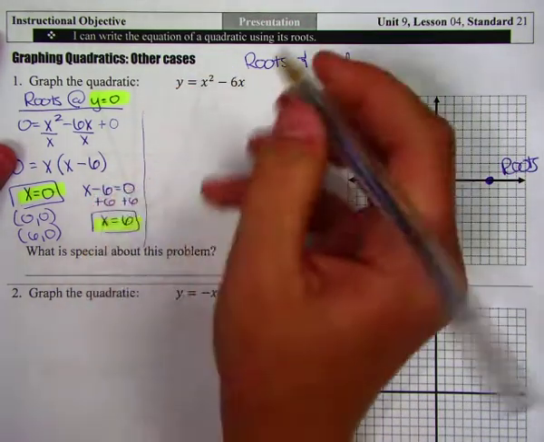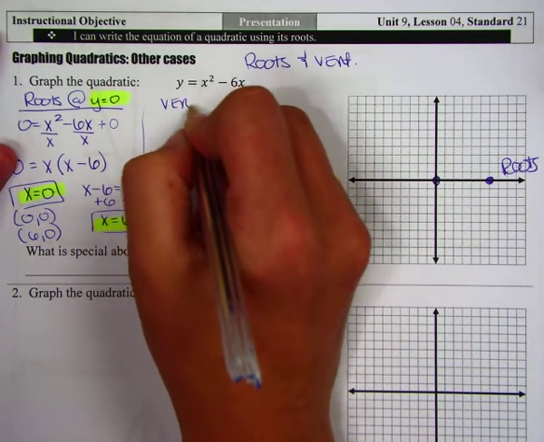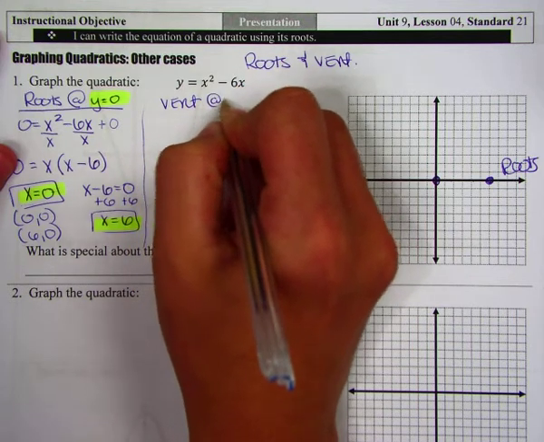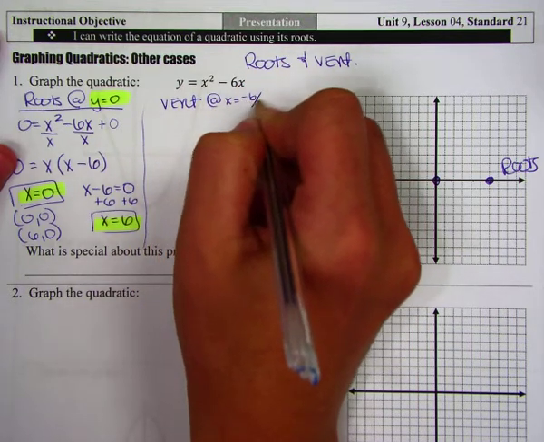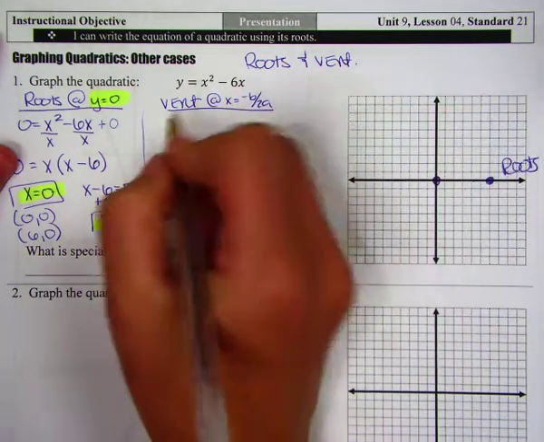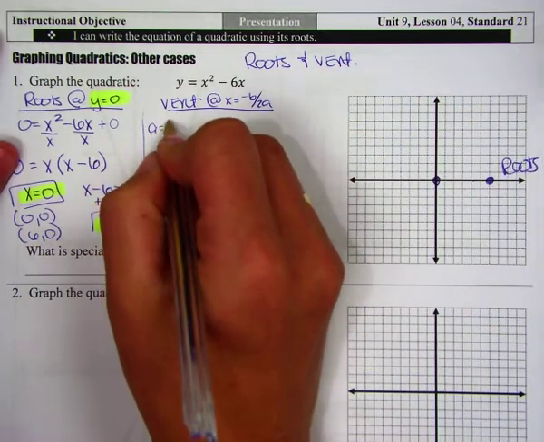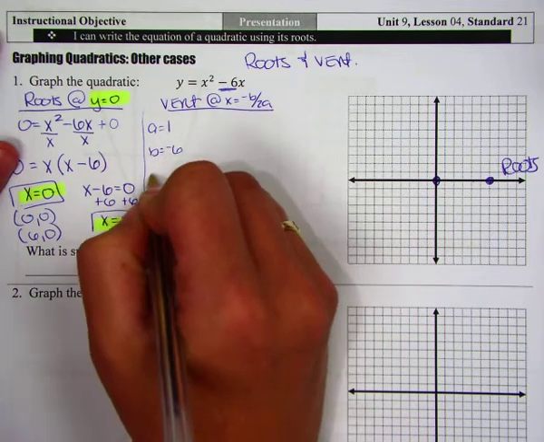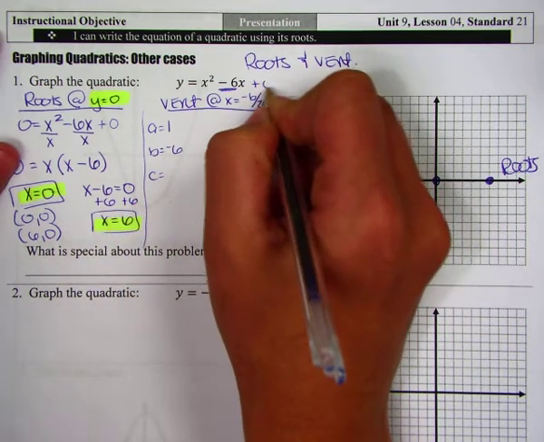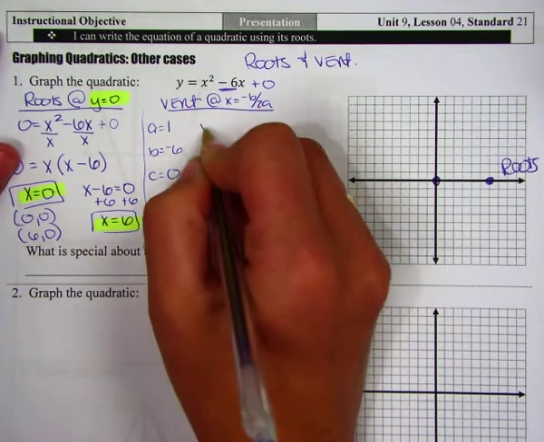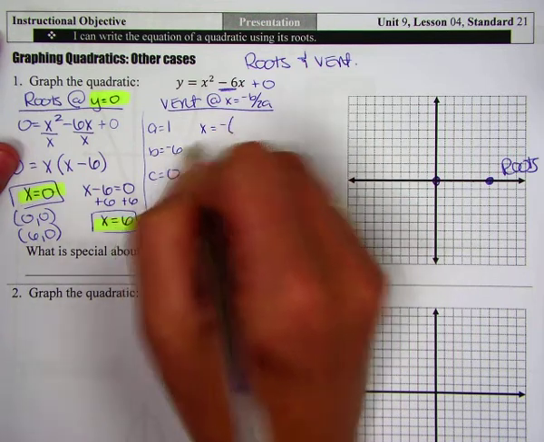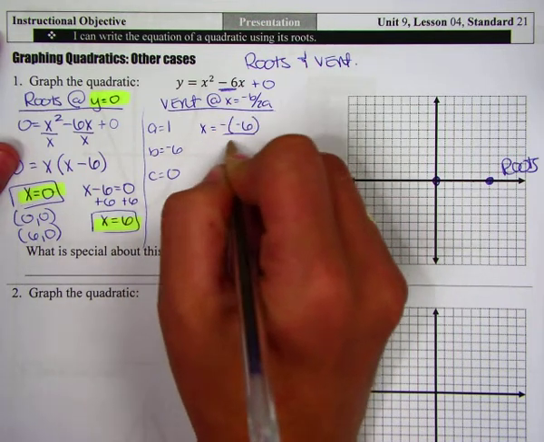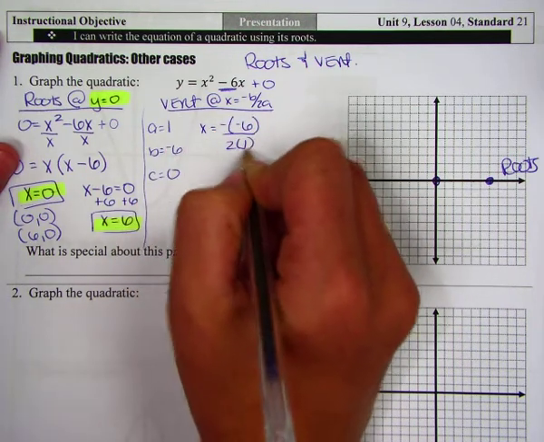Okay, let's go ahead and find the vertex. The vertex will always be at x equals negative b over 2a. So a equals 1, b equals negative 6, and c equals 0. So x equals negative b divided by 2a.